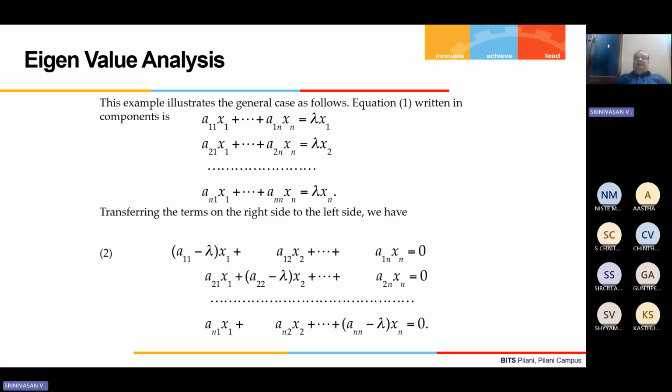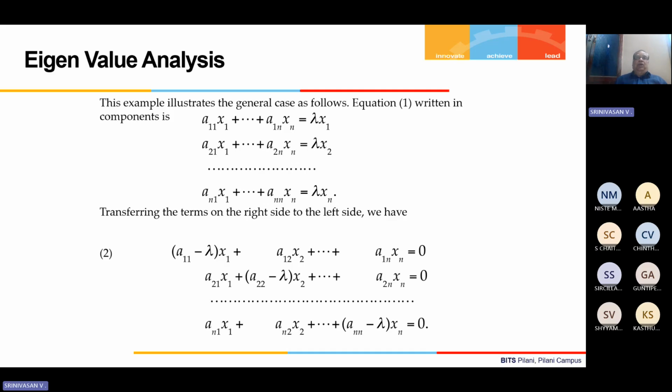Now transferring the terms on the right hand side to the left hand side, that is, we are bringing the terms lambda x1, lambda x2, etc. to the left hand side. So what happens? (a11 minus lambda) times x1 plus a12 x2 plus etc. plus a1n xn equal to 0. Each equation now has the integer 0 on the right.